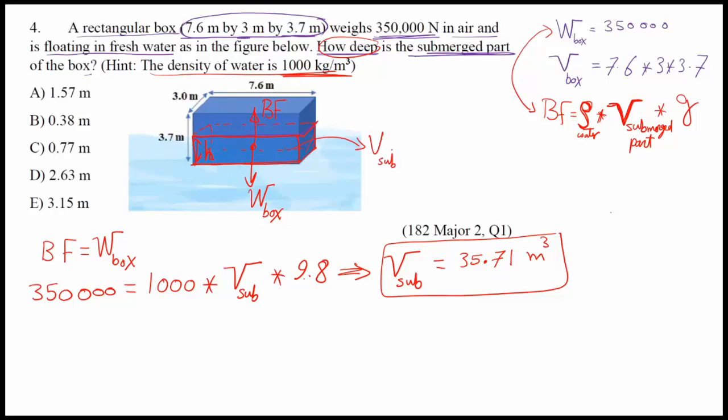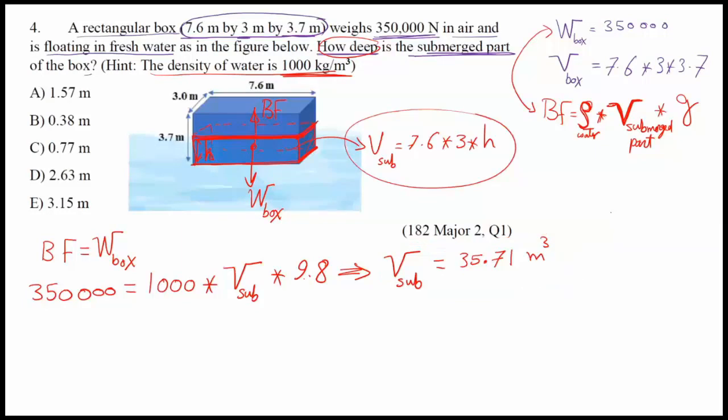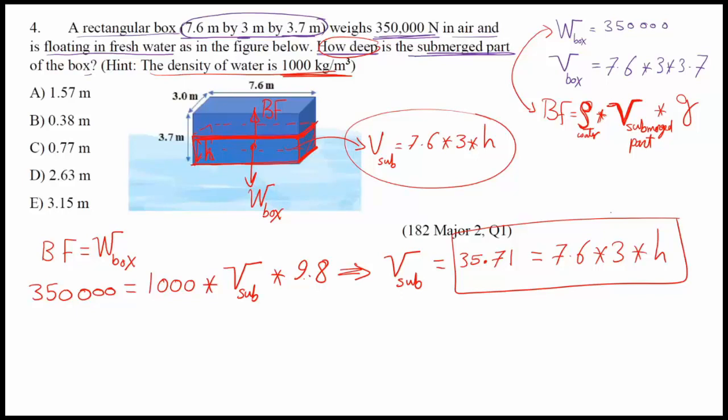The volume of the submerged part is the length, 7.6, times the width, which is 3, times the height, which I don't know, so I will call it h. I will equate the submerged volume, which I found at 35.71, to 7.6 times 3 times h. I will make this equation, so I will find h to be what?